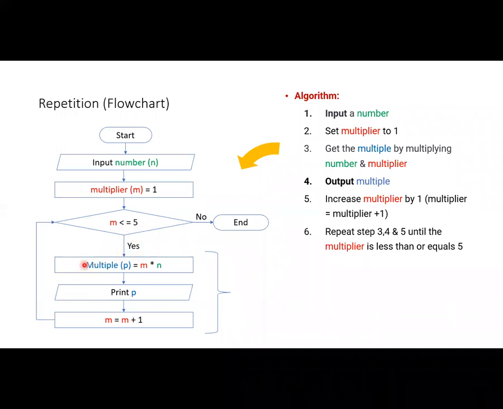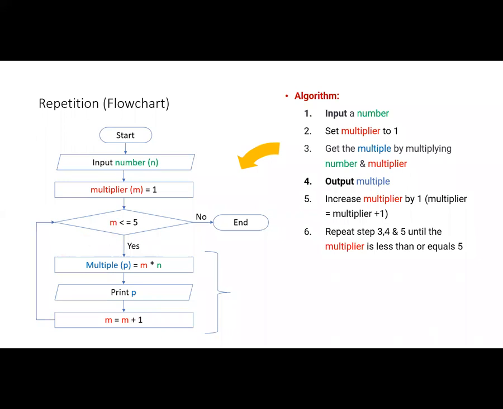Then again calculate the multiple, print it, and finally increase by 1. Then the multiplier is equal to 6. Repeat these three steps again and again until the condition is false.